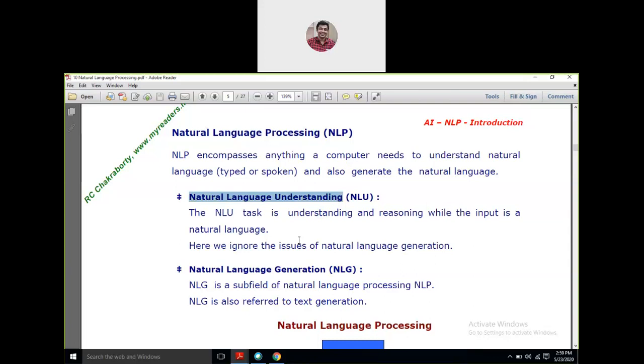These all things are to be considered. Some of the technicalities that I have listed now come under the category of natural language generation also. But before that, let us know something about NLU.